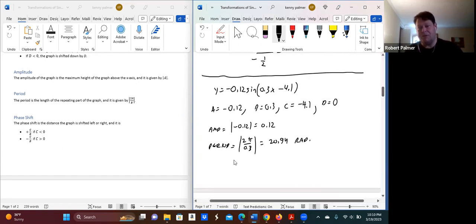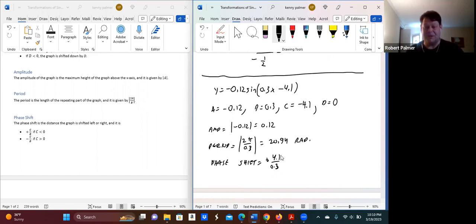Okay, and then also the phase shift. Now, C is negative, so it's going to be 4.1. It's going to be positive though, 4.1 positive over 0.3, since C is negative. So that's kind of the opposite of what you think. So it's going to be a positive phase shift.